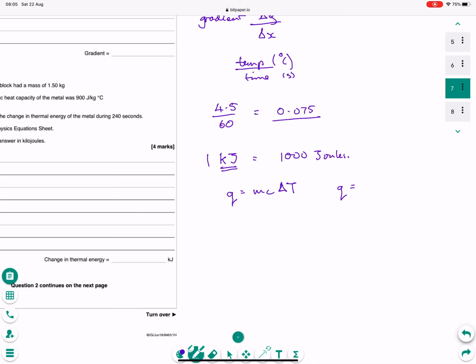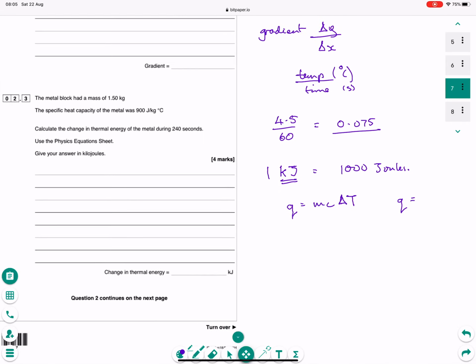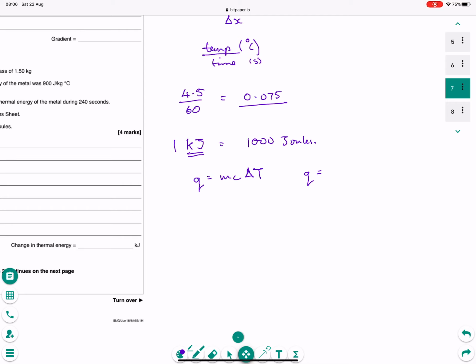How does it express it here? It says calculate the change in thermal energy. That's our energy, which should be thermal energy here, because it relates to the change in the heat of the block.